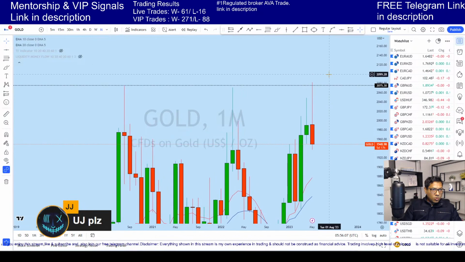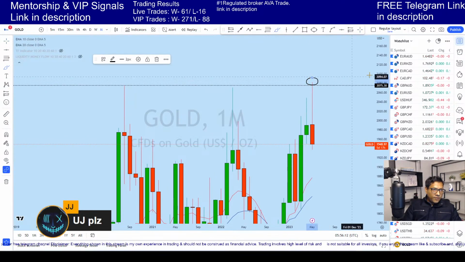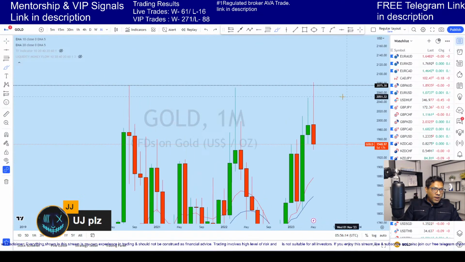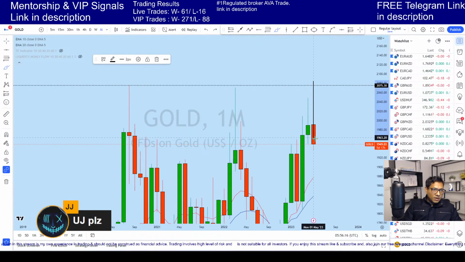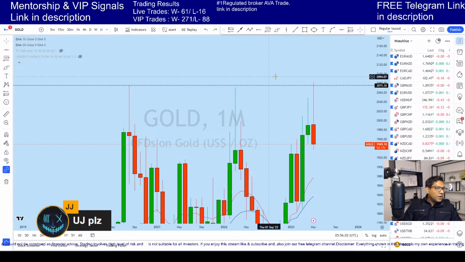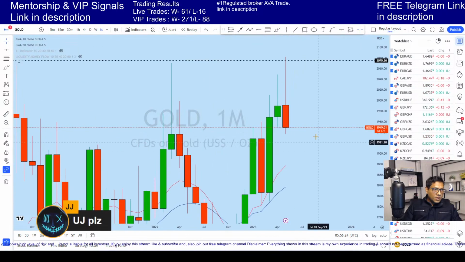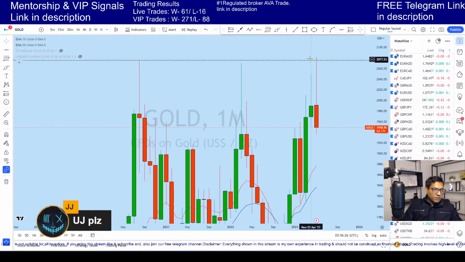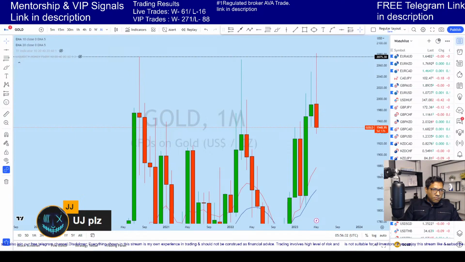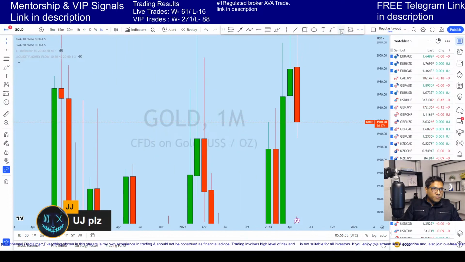The price has crossed that level, this all-time high, and then after crossing it, the price has rejected with this movement. Now with that rejection, after grabbing liquidity from the all-time high, the price has dropped, breaking this monthly support.